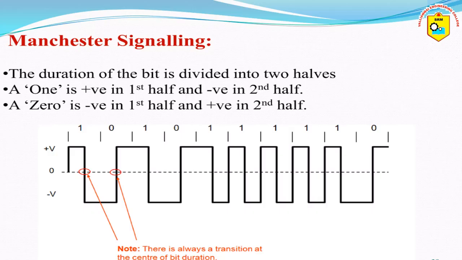As you can see in the example, when a bit of 1 is transmitted, it has a transition from positive to negative, right? And for 0 it has a transition from negative to positive. So similarly for the next one, it moves from positive to negative, and for 0 negative to positive. So this way it moves on, and this is called Manchester signaling.